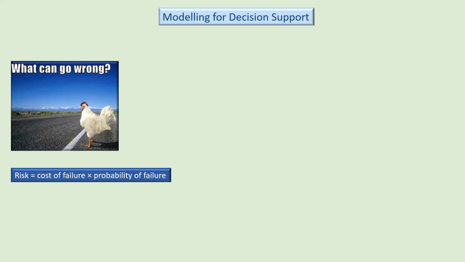Once I have assessed the risk associated with different courses of management action, I can choose the course of management action that is optimal, and what is optimal depends on the context. But whatever the context, knowing what can go wrong if I adopt a certain course of management action is fundamental to supporting the decision-making process.